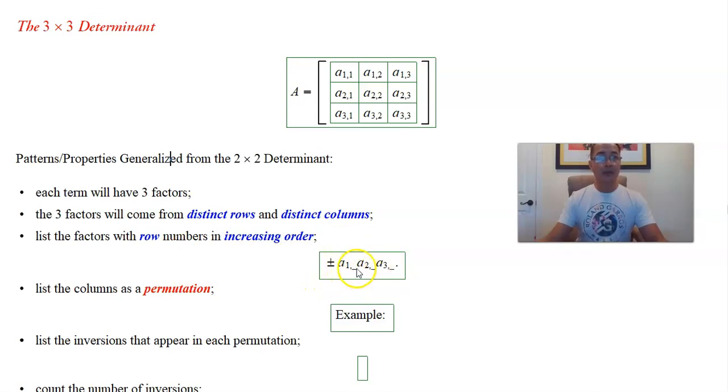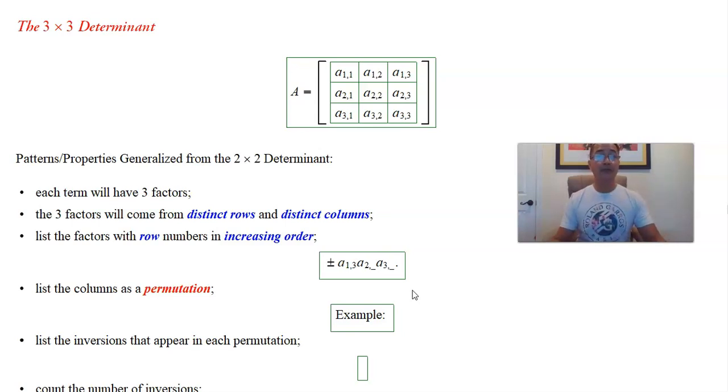So here is row 1, row 2, row 3. Okay. Now, what about the column numbers? We want every column also represented. So therefore, we're going to make an example. Let's make 3 for our first column number.